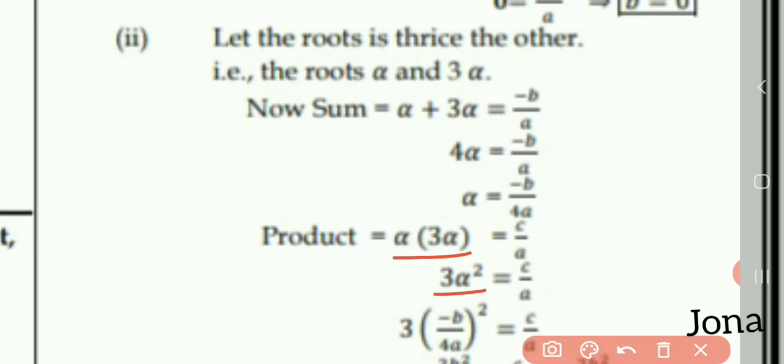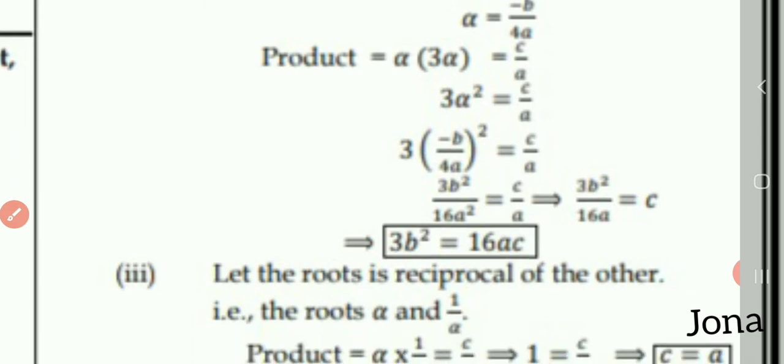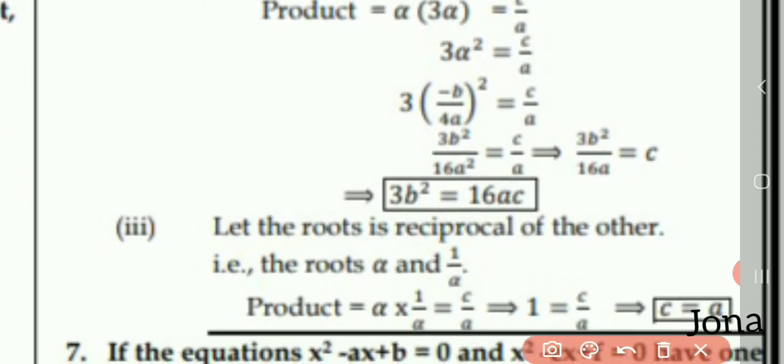For alpha we found the value already, minus b by 4a. So substitute this value here. So I got, instead of this alpha, minus b by 4a, the whole square, equal to c by a. If we square this, we will get 3 into b square at the numerator divided by 16a square equal to c by a. So from this we can get the value of c.